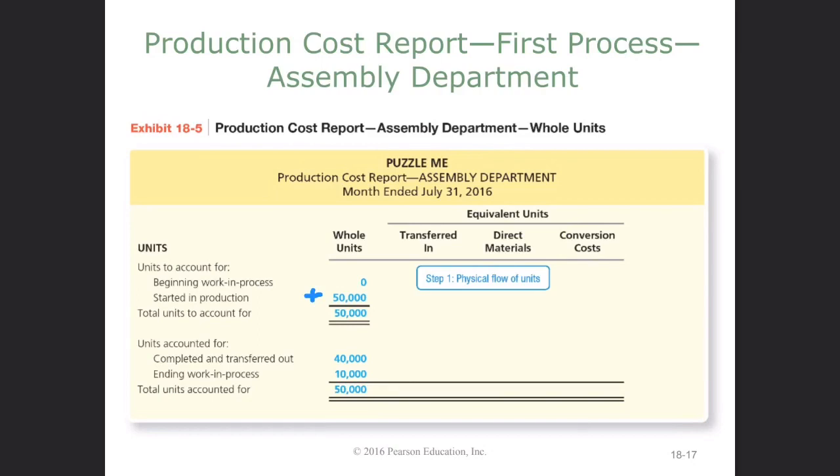So down here in this one, units accounted for, we have completed and transferred out of 40,000, our ending work in process of 10,000, and they're telling us that the total units that we have accounted for is 50,000. So if we had a question that said, what's the total units accounted for, how would we solve that? We would add the completed transferred out to the ending work in process.